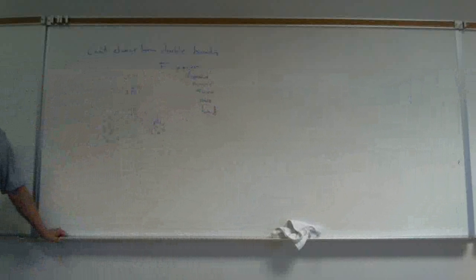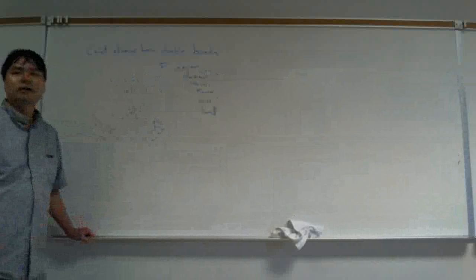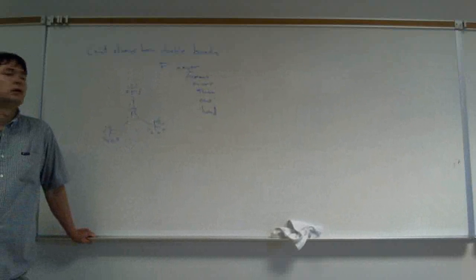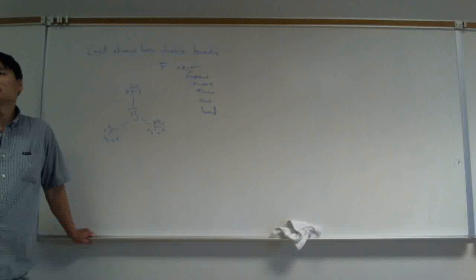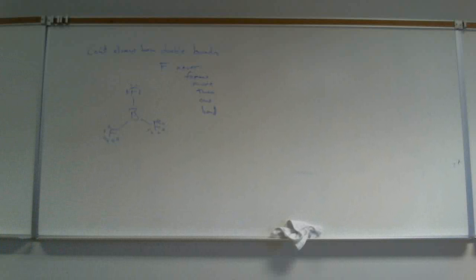Chlorine can, but fluorine can't. Chlorine, bromine, iodine, all those can form more than one bond. What about hydrogen? Hydrogen can. Well, I take that back. But in our class, hydrogen cannot. In some other species, hydrogen has what they call a 3-center bond that could happen.